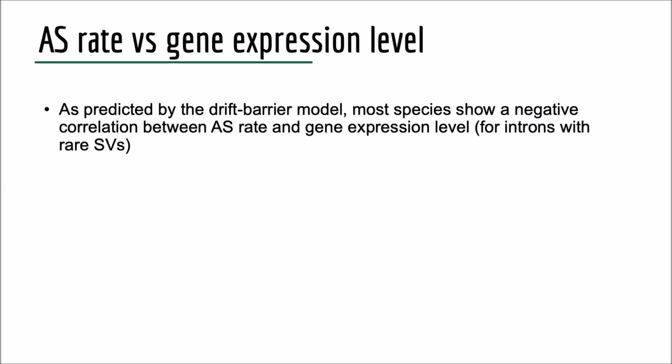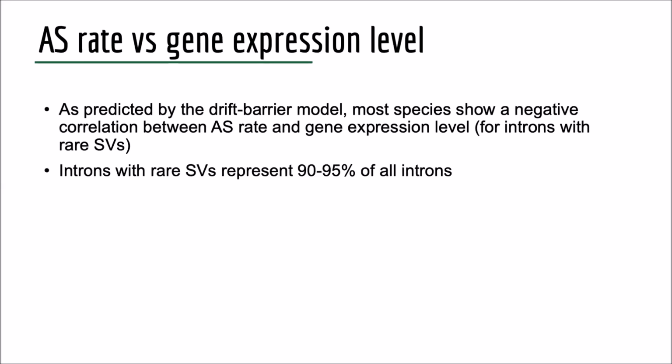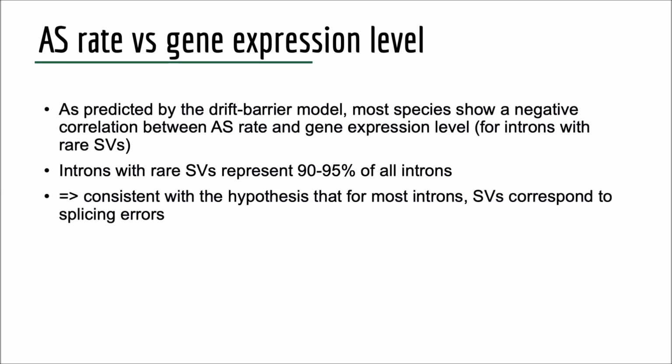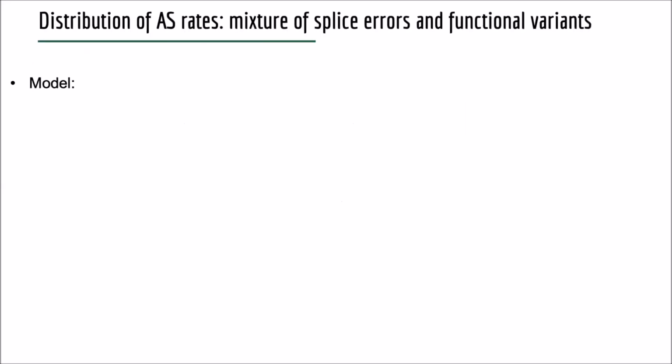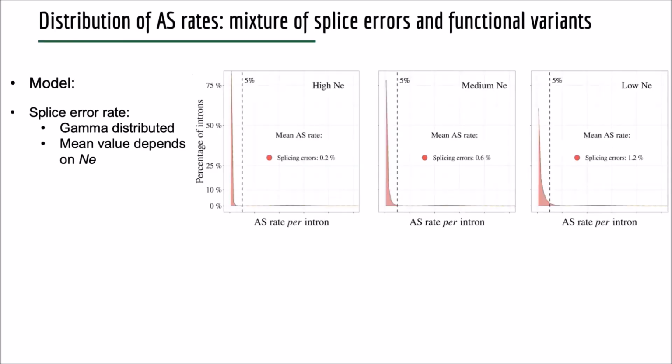So this is consistent with the drift barrier model, and this is thus consistent with the hypothesis that for most introns, splice variants correspond to splicing errors. And so our model to explain this pattern is the following.